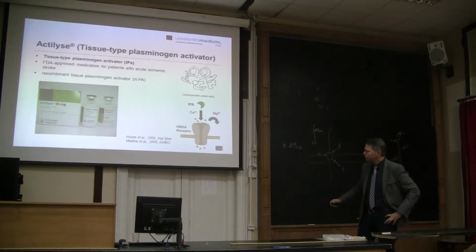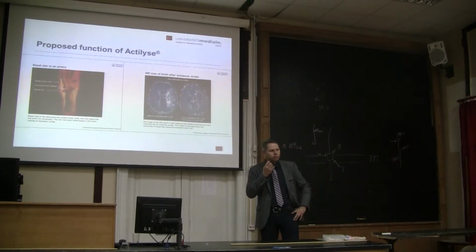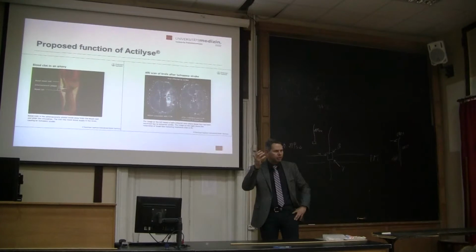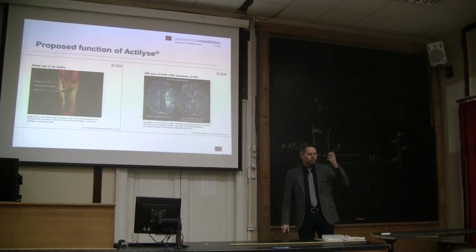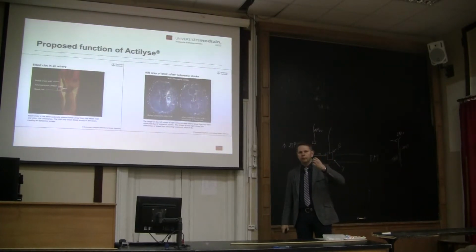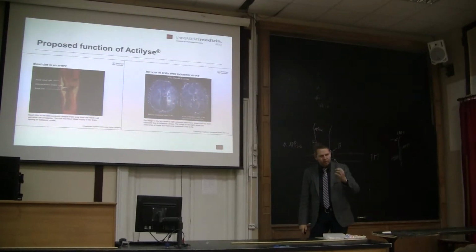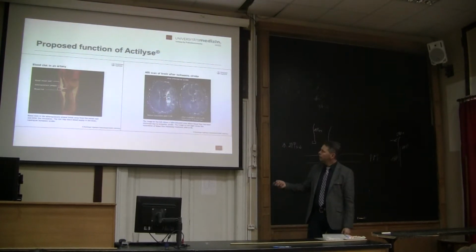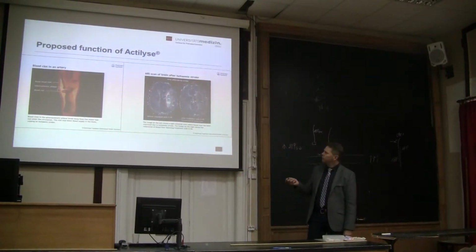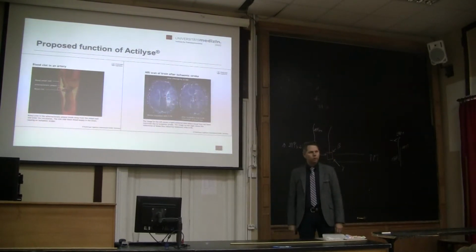Very simple. Stroke is basically nothing else but a blood clot in your brain, in the capillaries of your brain. It clogs the vasculature, and parts of your brain are deprived of oxygen and the neurons die. That is stroke. But if you detect that very fast, you really have to hurry to the hospital, you will be injected with TPA, your blood clot will be dissolved and your oxygen flow is normal in the brain.